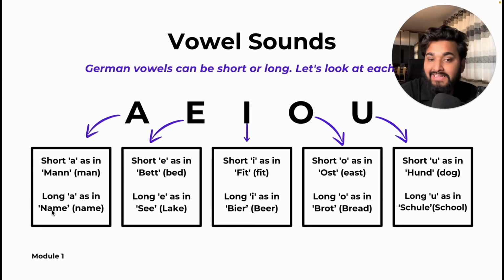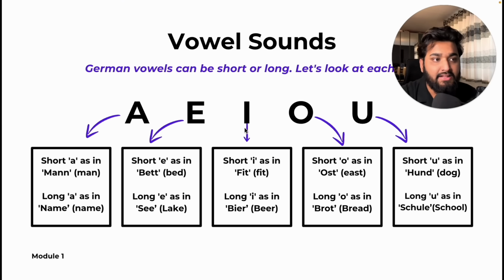In Mann, you say Mann, but in the case of Name, you will use this A as a long A. Name. Short A as in Bett. Bett means bed. Long A as in See. Bett und See. Bett means bed and See means lake.